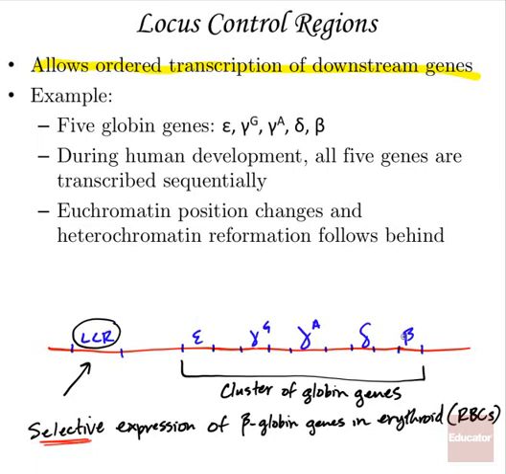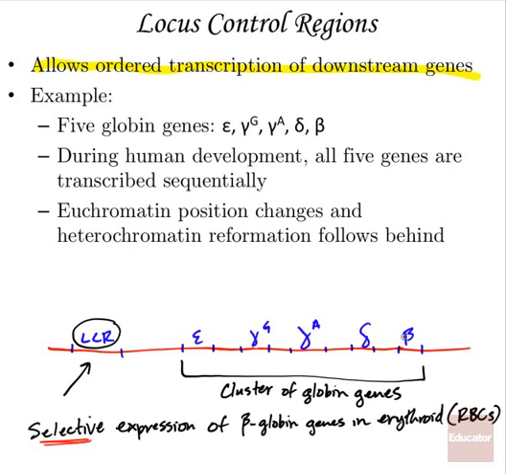Now, what happens here is that we have euchromatin position. If we remember correctly, euchromatin is opened, more transcriptionally available. Heterochromatin is closed, less transcriptionally available. So euchromatin position will change and heterochromatin reformation will follow behind.